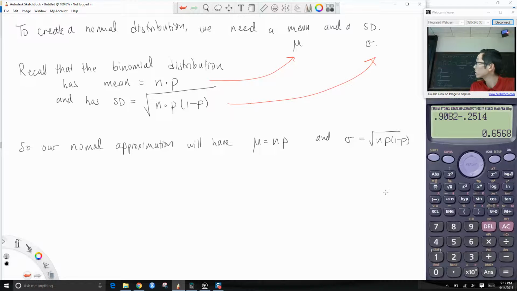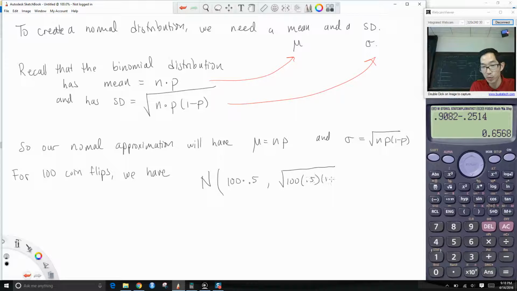Okay? So for our coin flip problem, for 100 coin flips, we have a normal distribution with mean 100 times 0.5 and standard deviation the square root of 100 times 0.5 times 1 minus 0.5. And so we get a normal distribution with a mean of 50 and a standard deviation of 5.